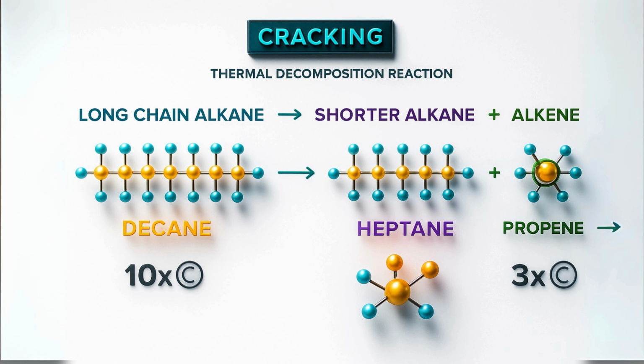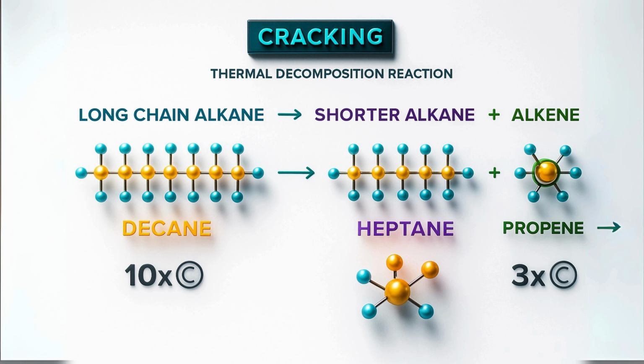So if decane has 10 carbon atoms and heptane has 7, the other product must have 3 carbon atoms to balance. For the hydrogen atoms, if decane has 22 and heptane has 16, then the other product must contribute the remaining 6 hydrogen atoms. However, this leads to an interesting point. There are not enough hydrogens left to make the second product a saturated hydrocarbon with only single bonds.